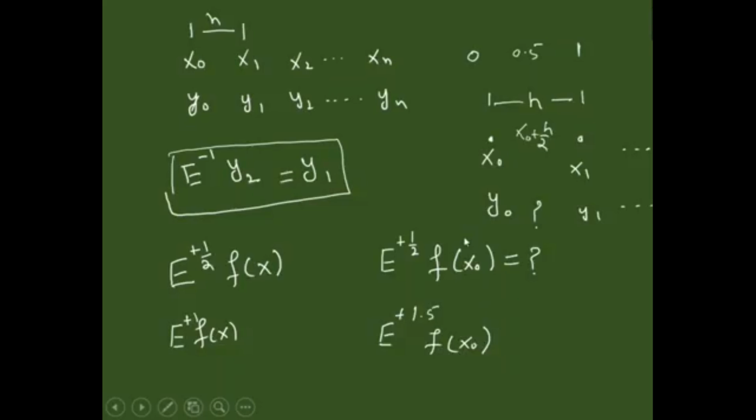I want to apply the operator here, but I want to move 1.5 length of h. So 1.5 length of h is quite clear: with 1 I mean to cover 1 complete length and half length further, because if it is 2 here, then I want to move from x0 to x2, but it's not 2, it is 1 length complete and half of the length apart from it. So what will happen in this case? If this is x0, this is x1 and this is x2, and we know that all are h unit apart.